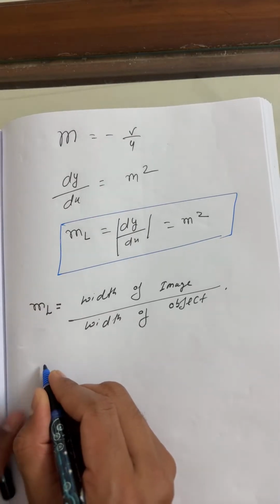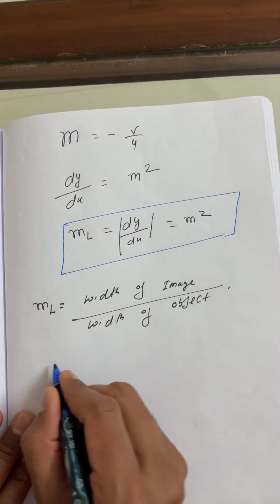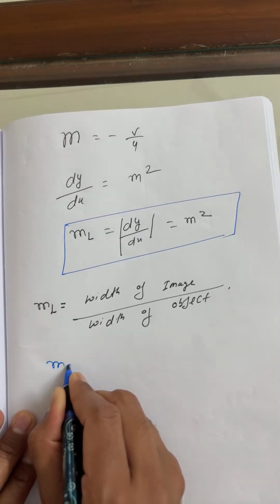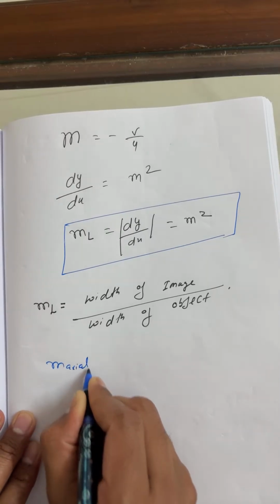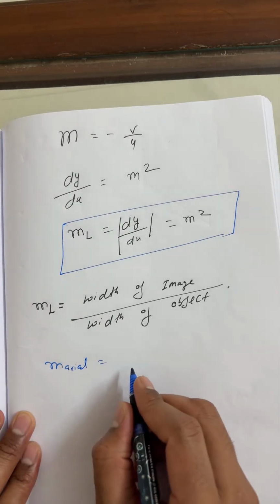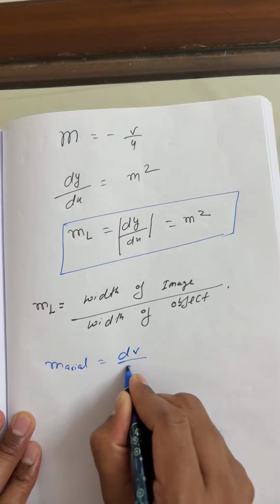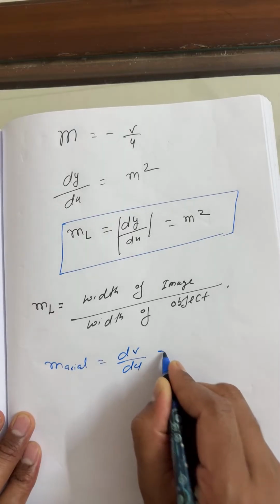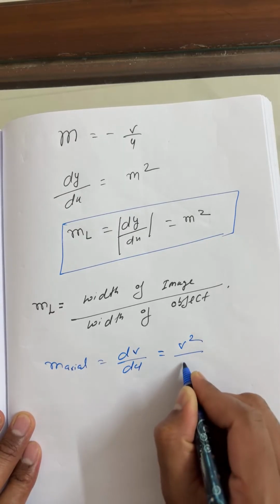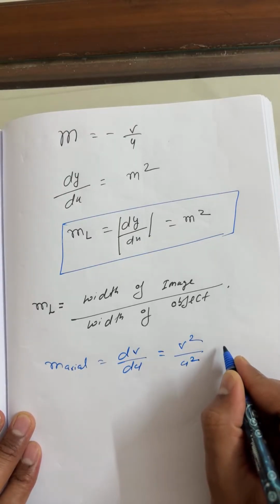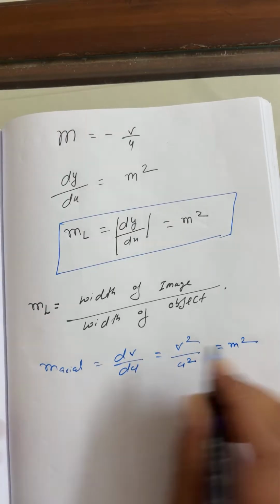So we can also write M for axial, because we are discussing the axis. We can also convert the same formula: dv upon du, which is equal to v square upon u square, which is equal to m square.